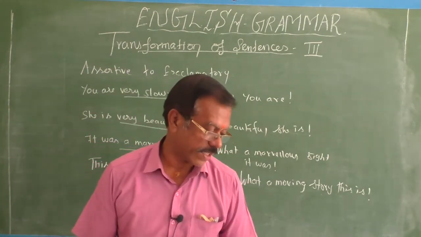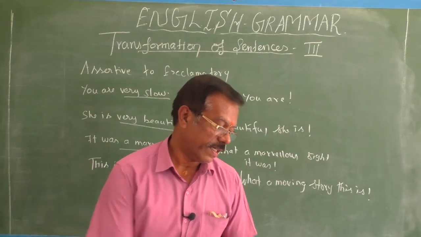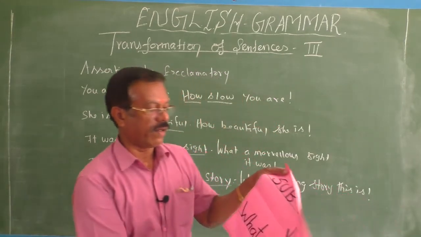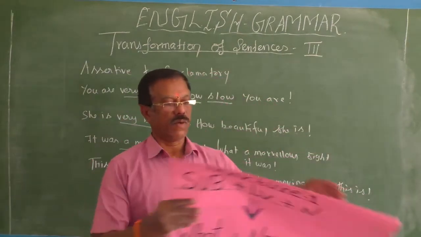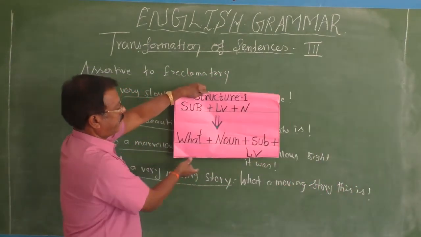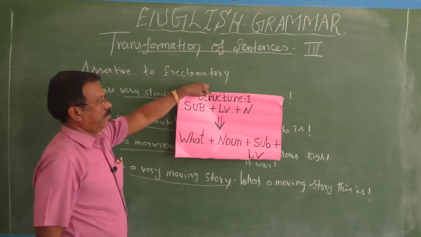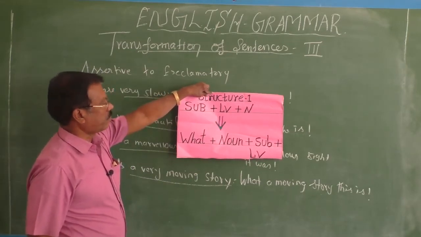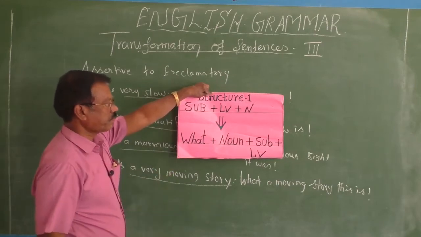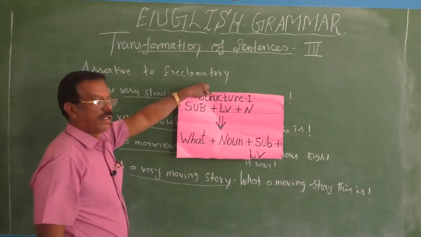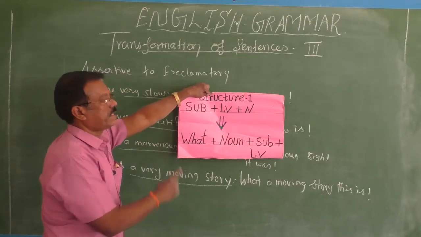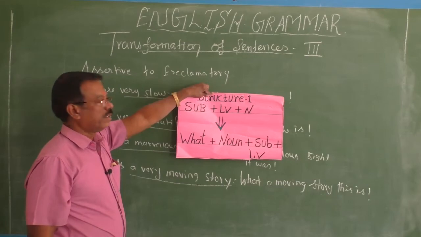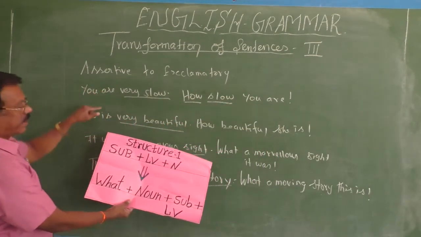See, I will show you the structure here. Structure 1. In structure 1, you have subject, link verb and a noun phrase. If it is so, you have to change it to what plus noun plus subject plus link verb. Following these rules, you have changed the last two sentences.